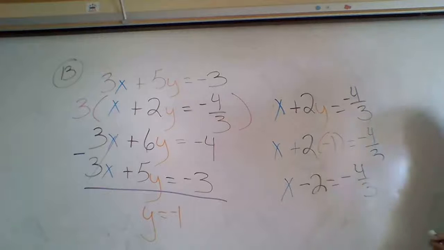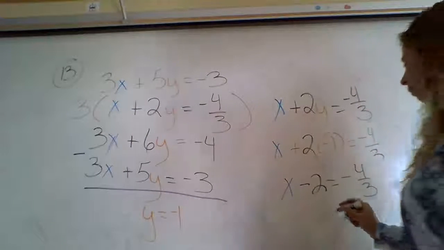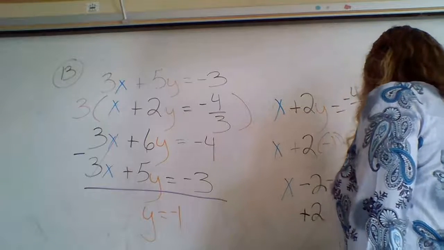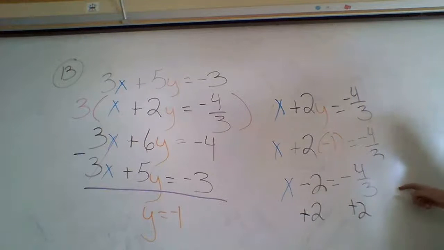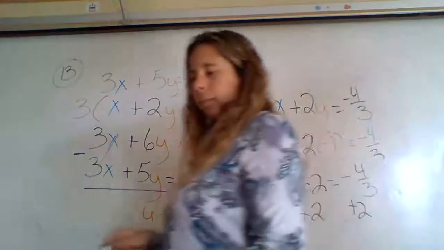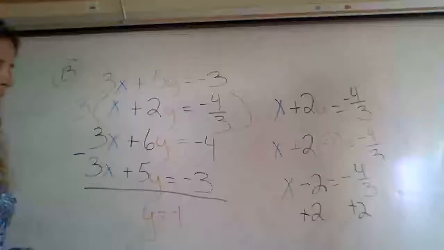So we're solving for x, so we're going to add 2 to both sides. So what is negative 4/3 plus 2?